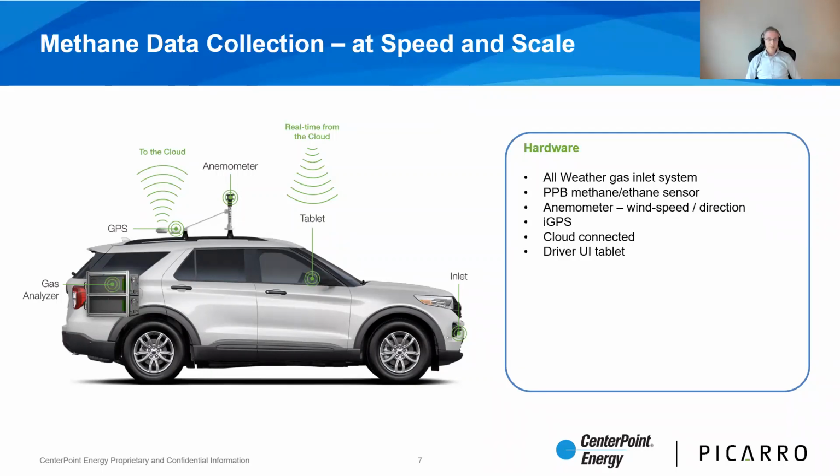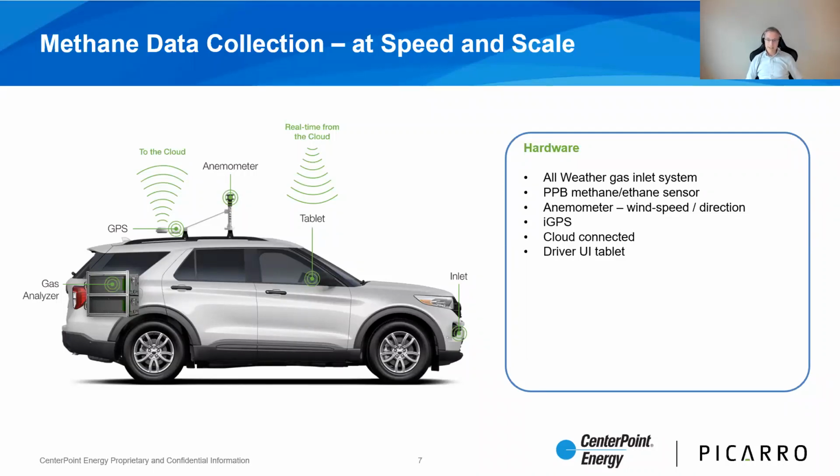We capture wind speed and direction using a sonic anemometer mounted on the roof of the car. This gives us very precise information about the wind at 4 hertz. So we use this to derive information from the methane plumes. And we also have a GPS with the option of having an inertial capability to get very precise pinpointing of the position of the vehicle at the time of the methane plume detection.